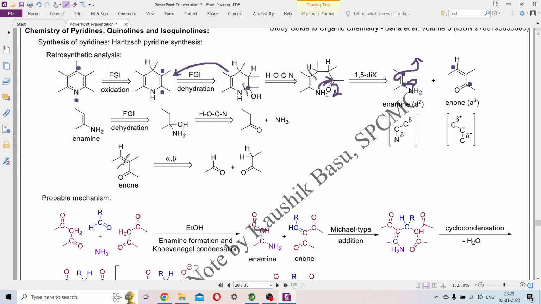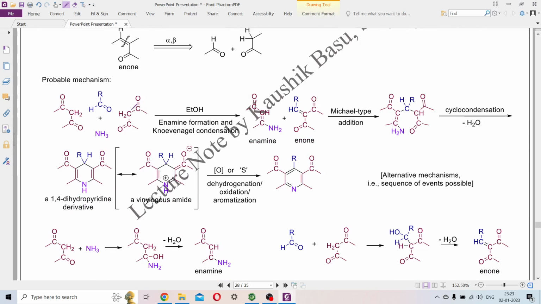And the enone is obviously coming from an aldol type condensation between an aldehyde and a corresponding ketone. So you need a cross aldol type reaction. So this is the approach which Hantzsch took in synthesizing pyridines, and this is known as the Hantzsch pyridine synthesis.